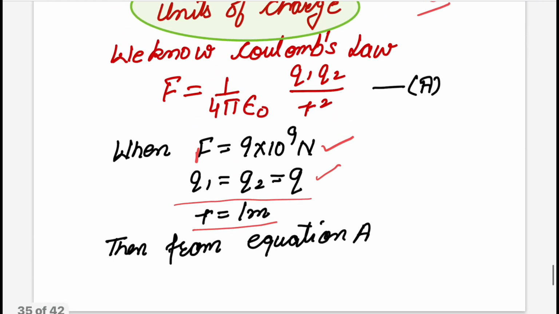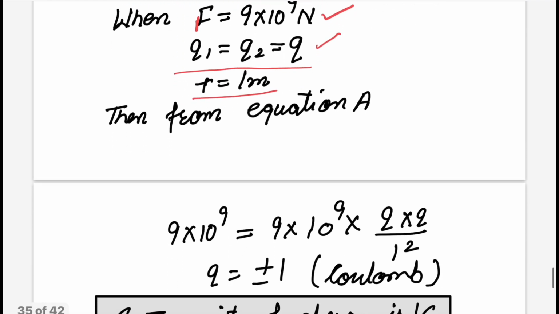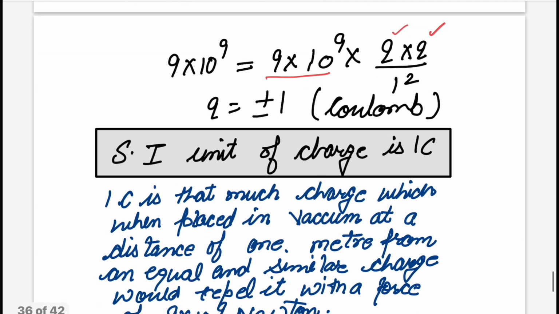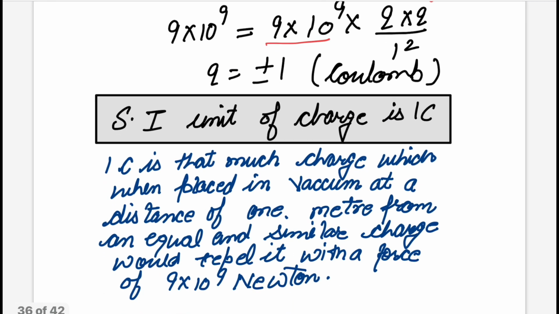Then by making the substitutions in Coulomb's equation, that is equation A, we have 9 into 10 raised to power 9 is the force, this is the value of 1 upon 4 pi epsilon naught, and the charges we have written QQ, the same. Then Q comes out to be plus minus 1 Coulomb, right? This is the SI unit of the charge, right?